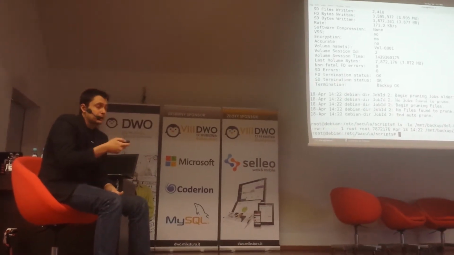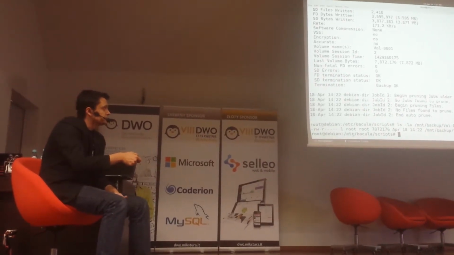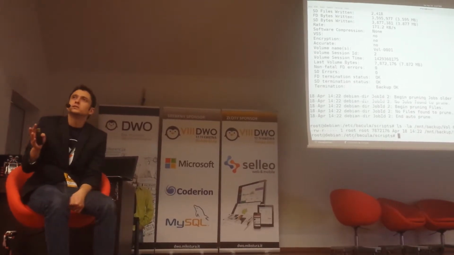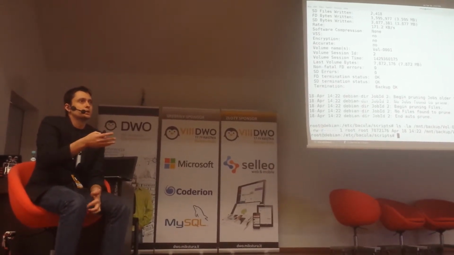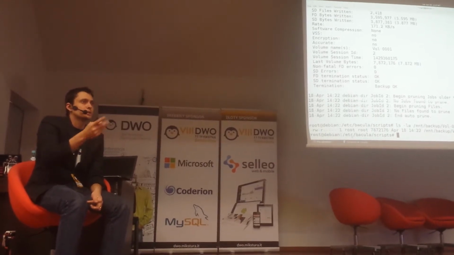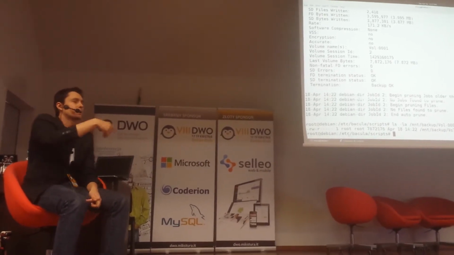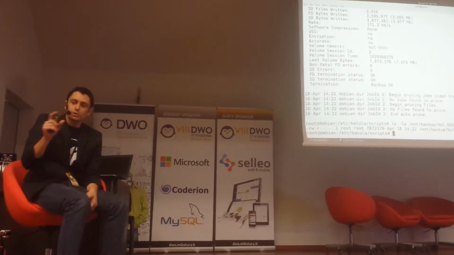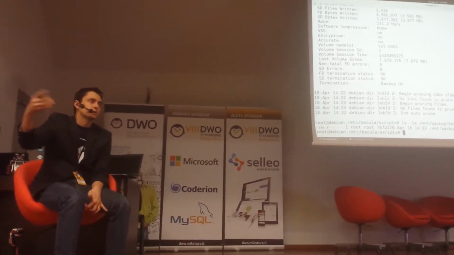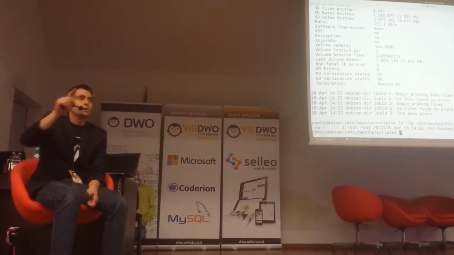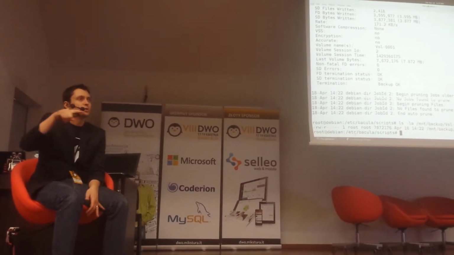Bacula or backup software, they work just like DVDs. Do you have a DVD at home? Okay, a recorded one, that one that is rewritable. So you go to your DVD burning tool, recording tool. You have the quick erasing and the slow erasing.